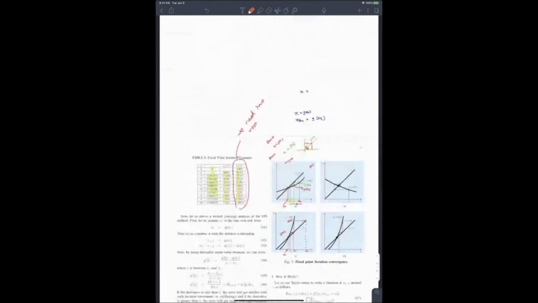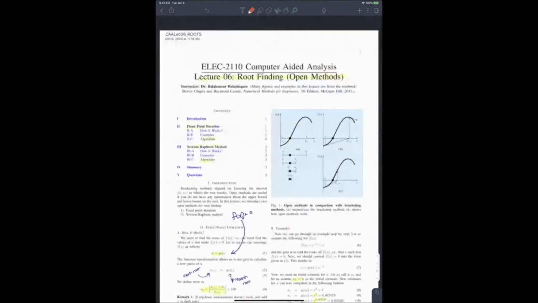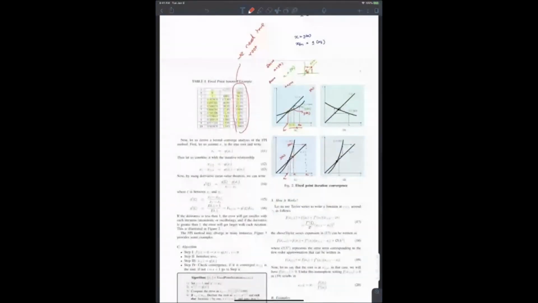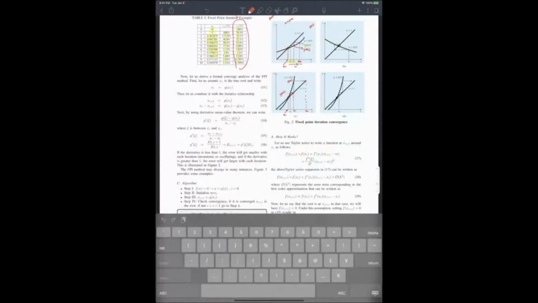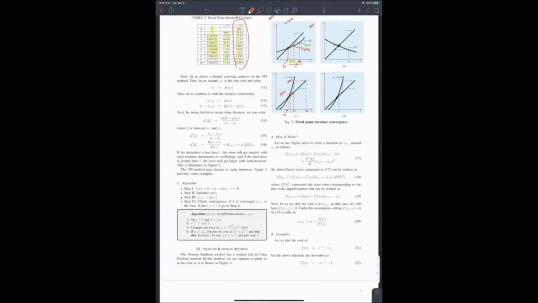Now, let me quickly look at the algorithm section, where I gave a brief pseudocode for this algorithm.